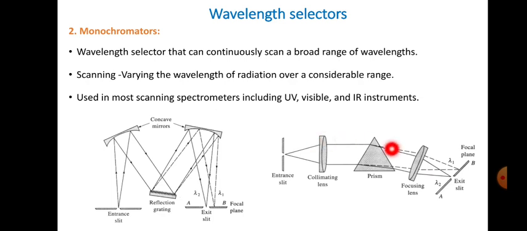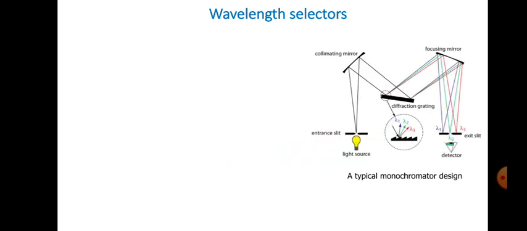So you can see here lambda 1 is restricted and lambda 2 is allowed to exit from the exit slit. So lambda 2 is the desirable one for our measurement. Similarly, we can change the focusing lens afterwards so that lambda 1 will be exiting and lambda 2 will be restricted. Same thing we can do for the grating monochromators also, okay.